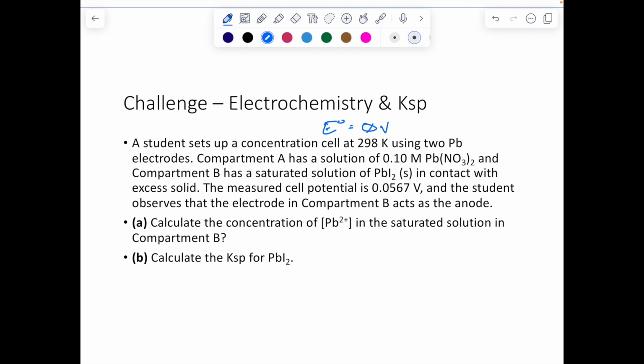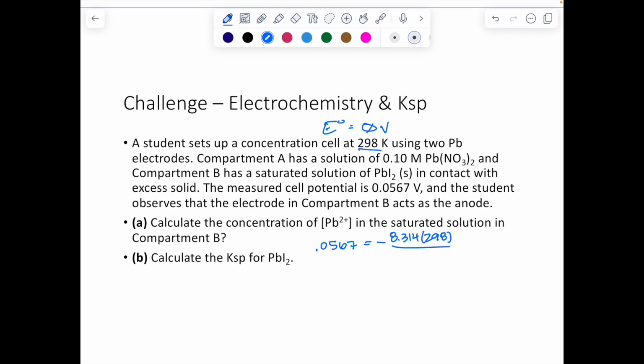We know that that's the anode, so that's going to be the one on top of our Q expression. So E is going to be 0.0567. That's going to be equal to the standard cell potential, which is 0, so I'm not going to write that one. And then we're going to do the negative R, 8.314. We are at 298 Kelvin.